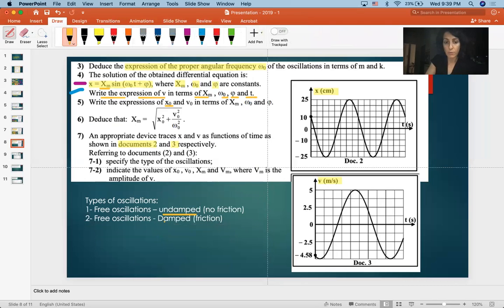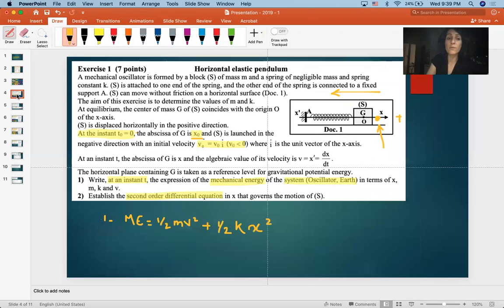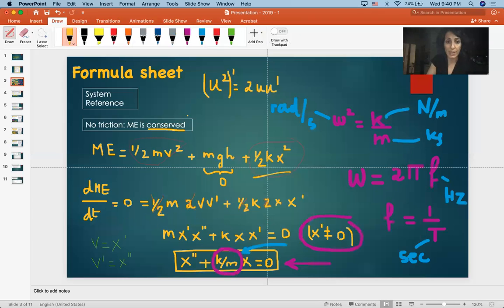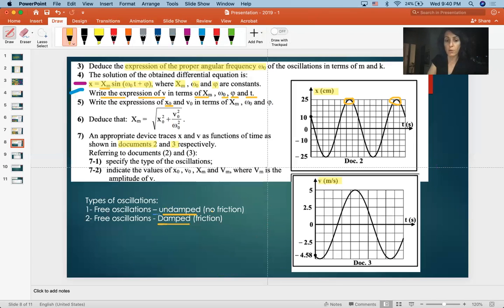Looking at the oscillation, you can see that this is the amplitude and the amplitude is constant. The amplitude is not decreasing with time, so no friction. And we already wrote at the beginning of the problem, no friction, ME is conserved. So yes, we're dealing with a non-friction problem. So I'm gonna pick this answer. It's undamped. It's free oscillation with no damping. That's the type of oscillation.